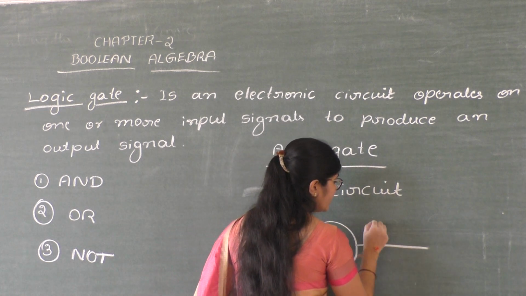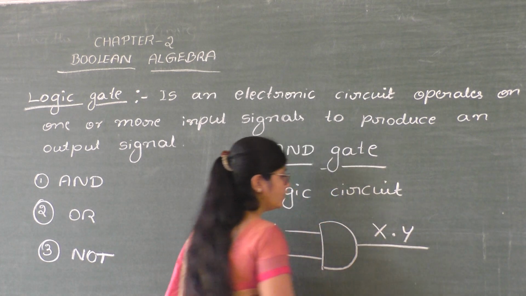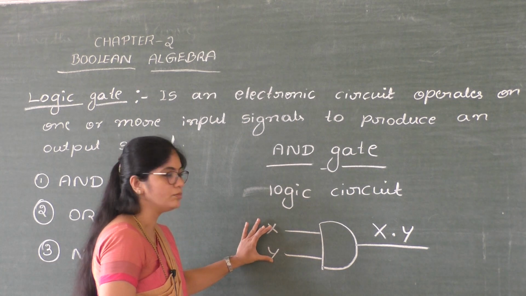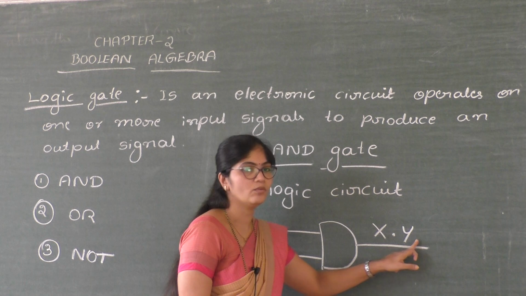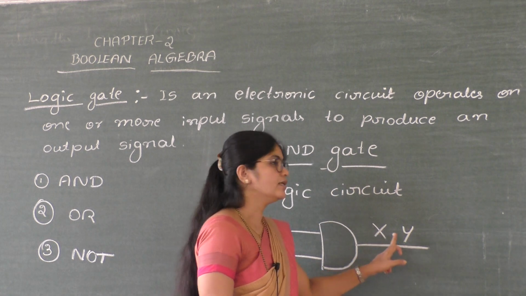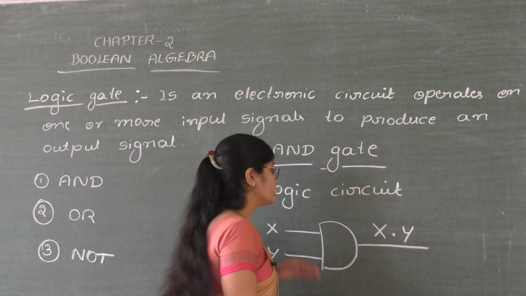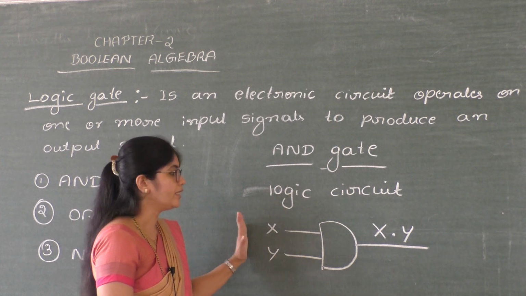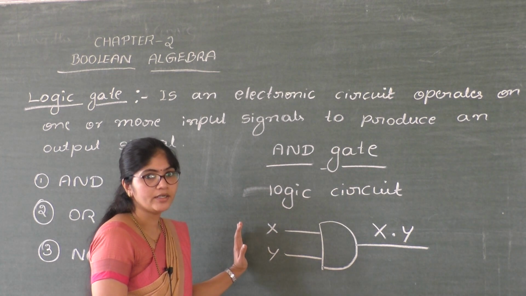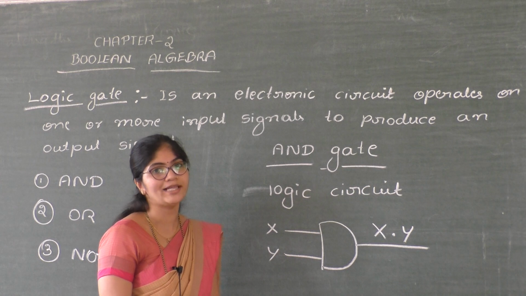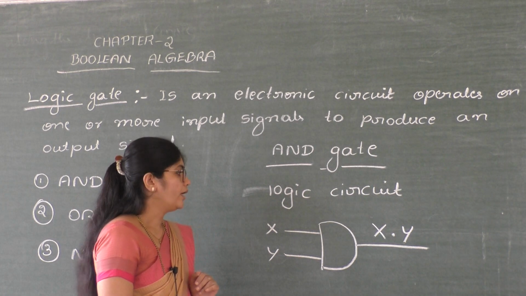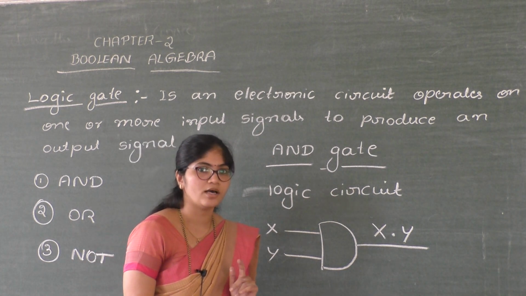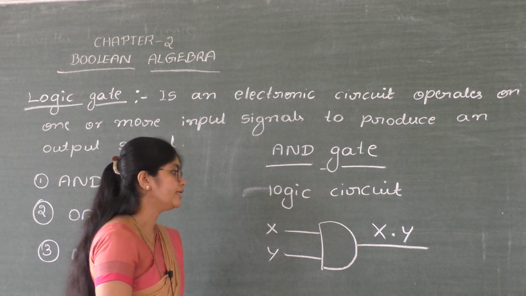Then output is X dot Y. If X and Y are the two input signals, output of AND gate is X dot Y. This can be read as X and Y. This is two input AND gate. In AND gate, if any one of the input values is 0, then output is 0. Or if both the input values are 1, then output signal is 1.